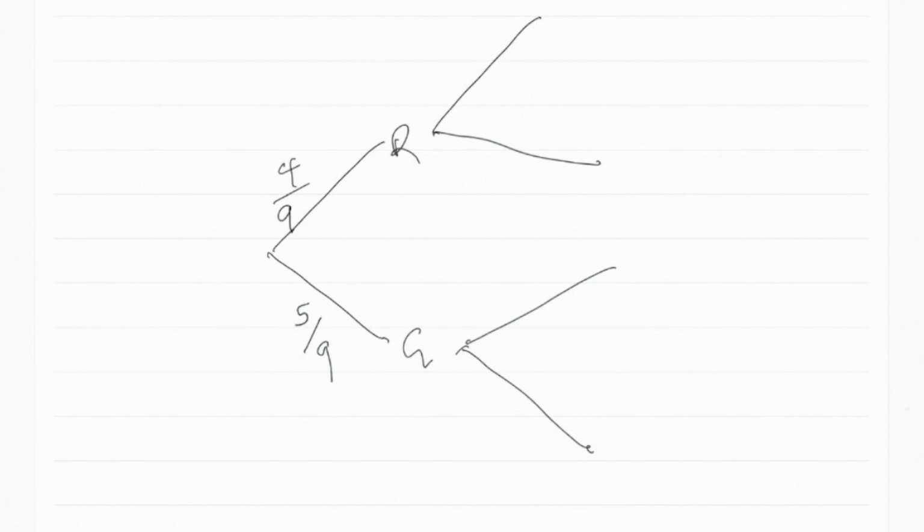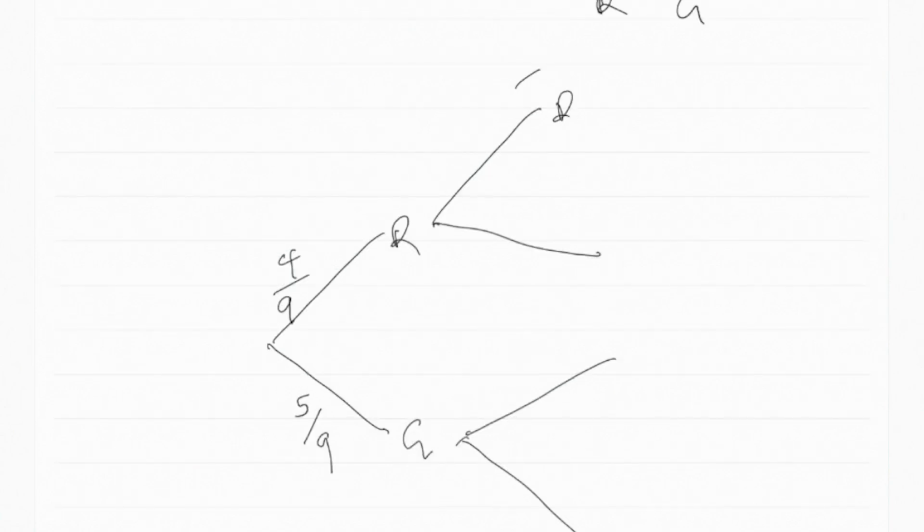So we have the red pen and green, red and green. Now, the question states, after the first pick, the pen is not replaced, meaning the sample space is going to be affected. It will not remain the same. In the first pick, the sample space is out of 9.